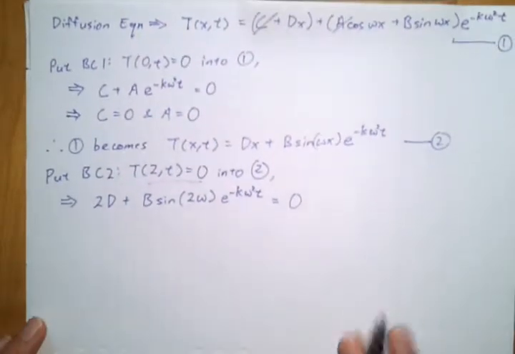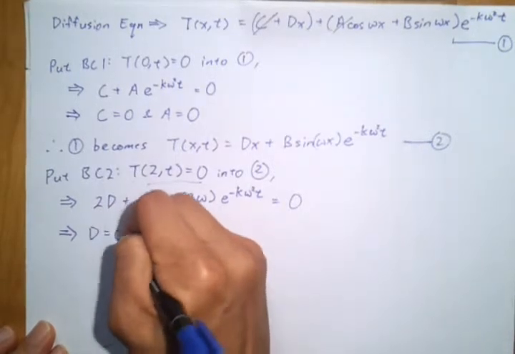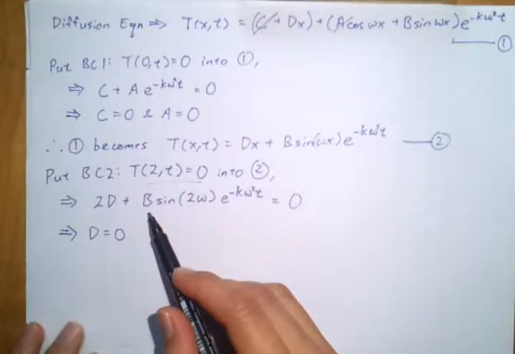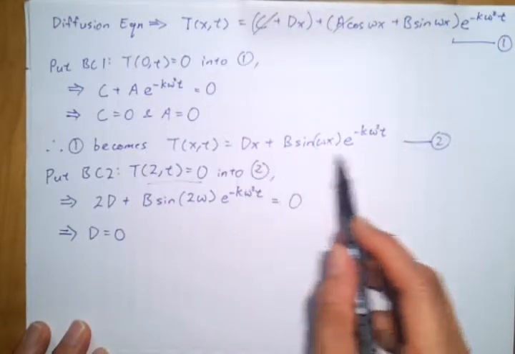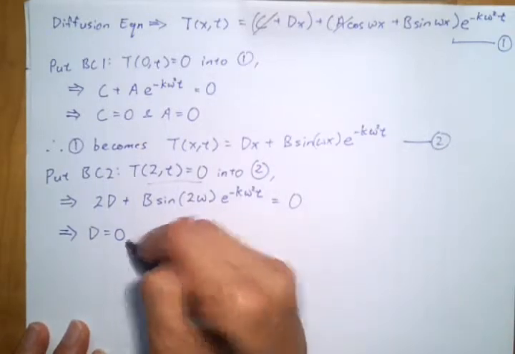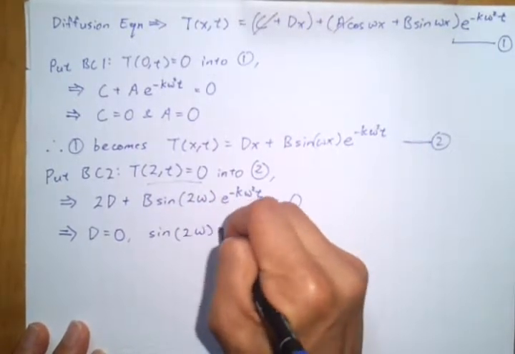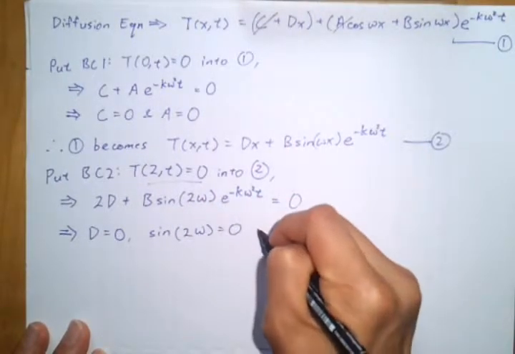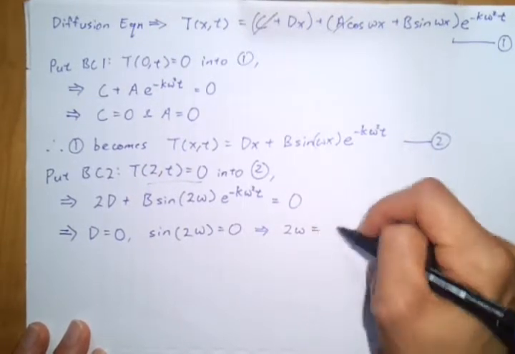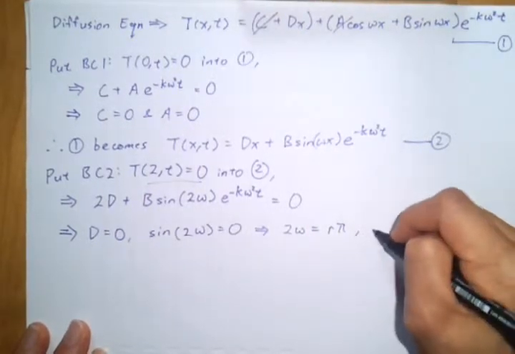So what that means is you need d to be 0. Again, we don't put b equals 0, right? Because if you put b equals 0, you have nothing left in your solution here. So we make sine 2 omega to be 0. And that means that the angle 2 omega must be a multiple of pi.